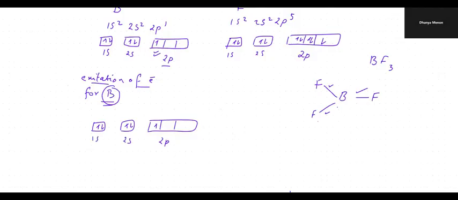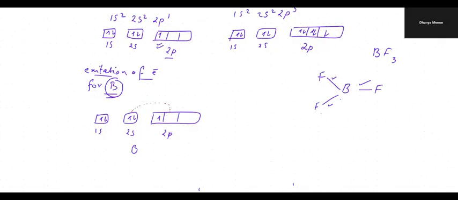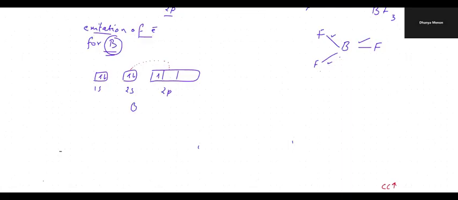When excitation happens, one of the electrons from 2s moves to 2p. So we get a picture like this: 1s, 2s, and one electron shifts to 2p.